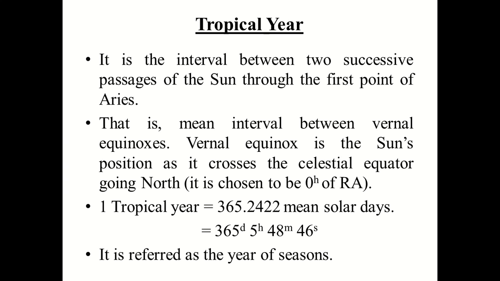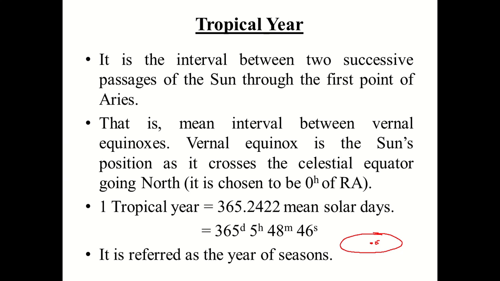That means it is the mean interval between the vernal equinoxes. The vernal equinox is the Sun's position as it crosses the celestial equator going north. That means if you consider the reference ellipse as this one, and the Earth is at the center.